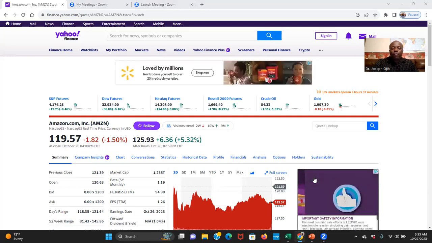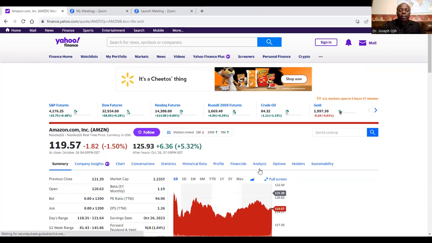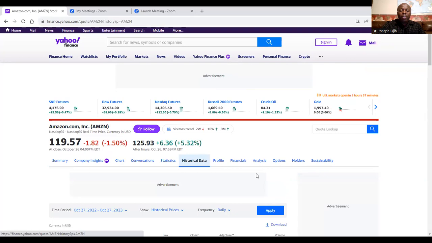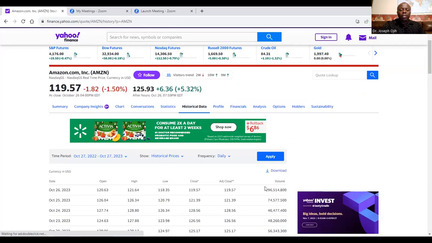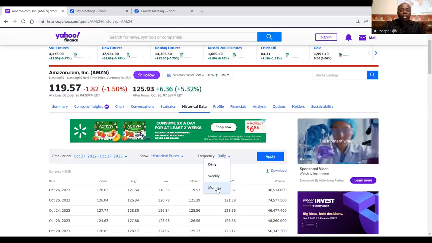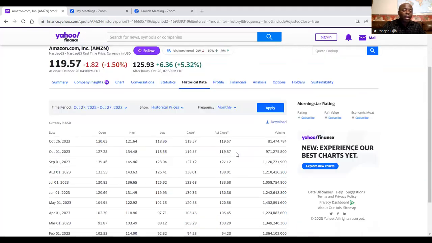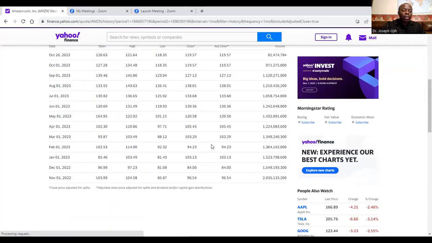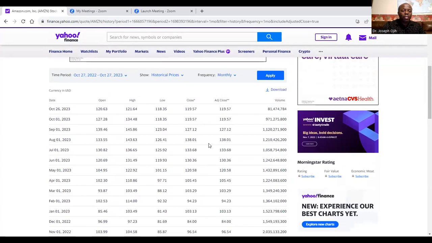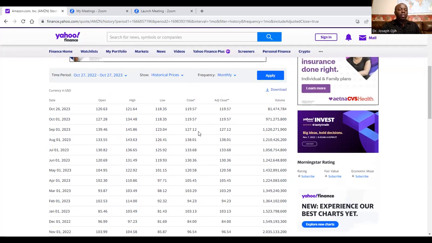For the dividend, you can try the historical data, and again, make it monthly rather than daily. You can see if they paid any dividend, and they didn't pay a dividend, so the dividend growth rate is zero. They didn't pay any dividend this year.